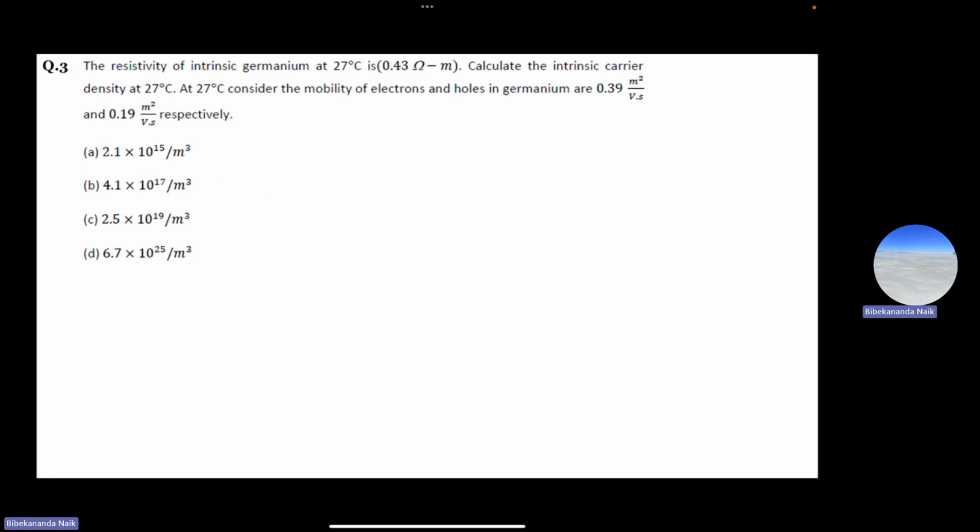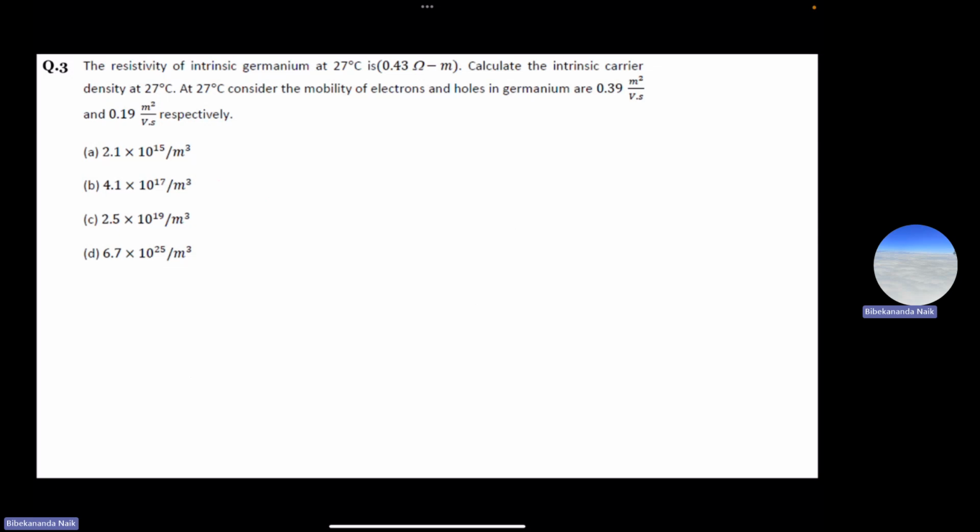Calculate the intrinsic carrier density at 27 degrees Celsius and consider the mobility of electrons and holes in germanium are 0.39 meter square per volt second and 0.19 meter square per volt second respectively. So the resistivity of intrinsic semiconductor is given. Also the mobility of the electrons are given. We need to find out the intrinsic carrier density.